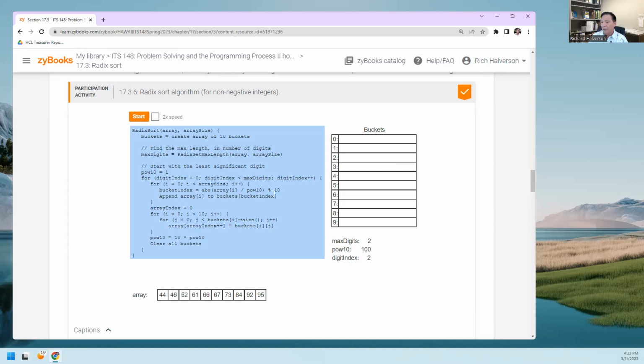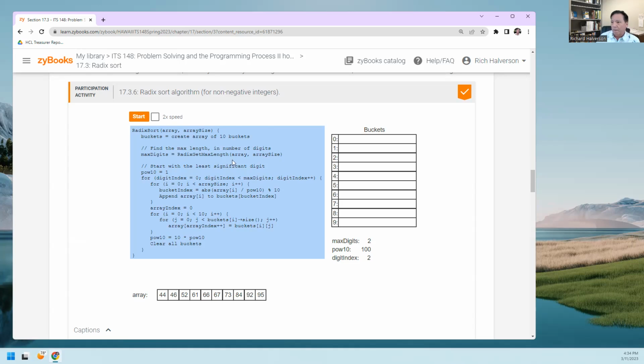And then we do the same thing again for the tens place, and then we do the same for the hundreds place, and so on. We fill the buckets and take the integers out of the buckets in order until we have done that for all of the digits of the numbers.